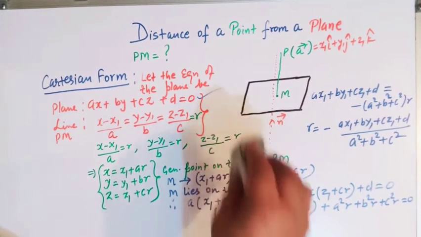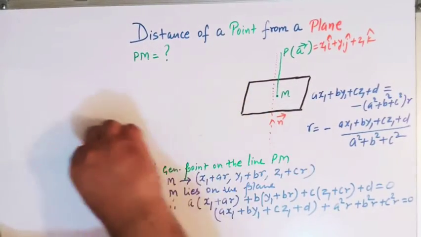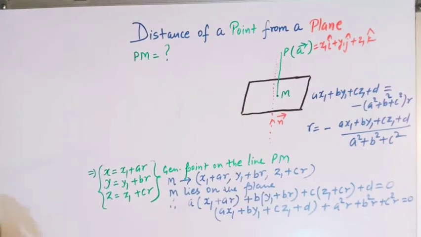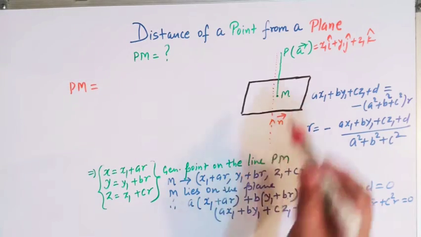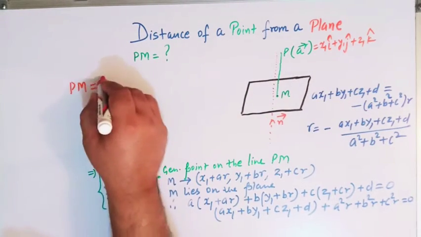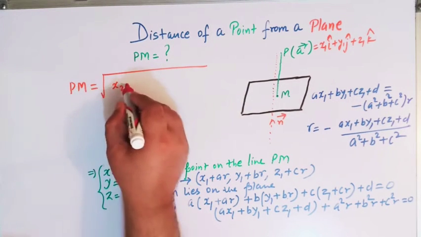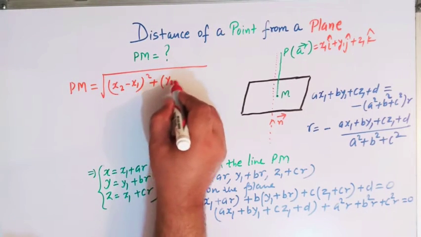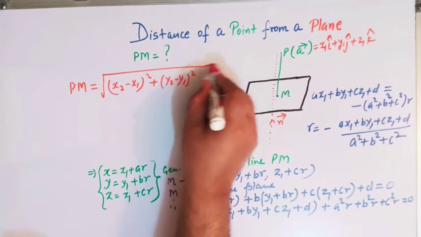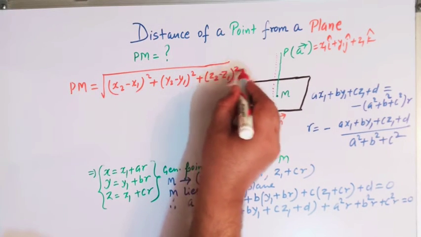Viewers, let us find the length of the line segment or the perpendicular PM by making use of the distance formula. The distance formula says that PM is equal to the square root of (x2 - x1) square + (y2 - y1) square + (z2 - z1) square.